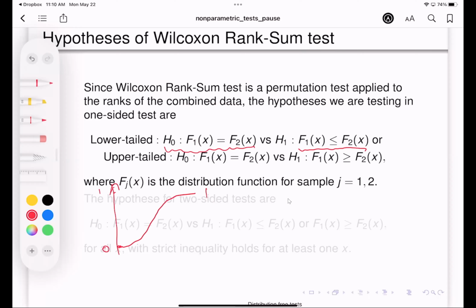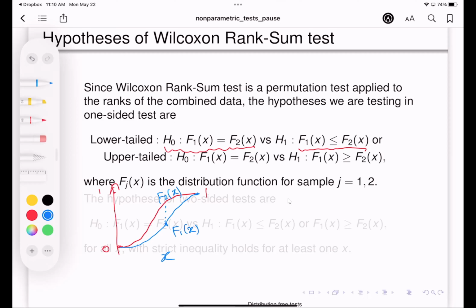And now we're considering two of the CDFs. One is the red one, and the other CDF is the blue one. When we are looking at F1 less than or equal to F2, for example, for this X value, this is F1 of X, and this is F2 of X.